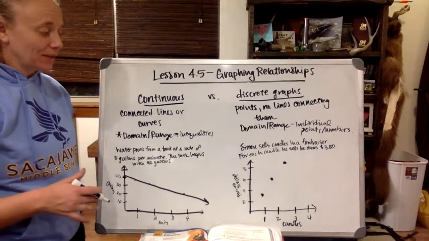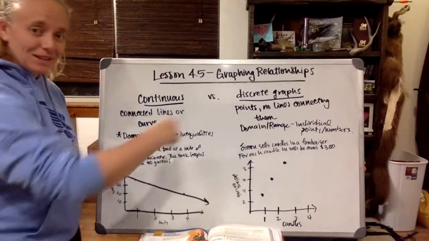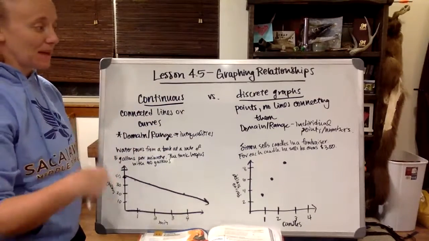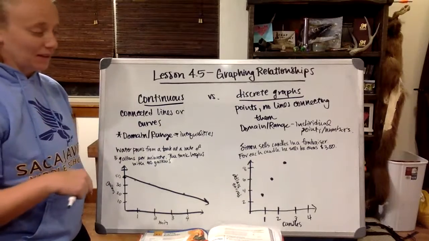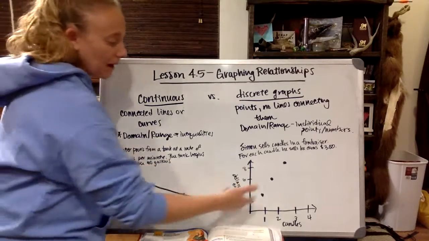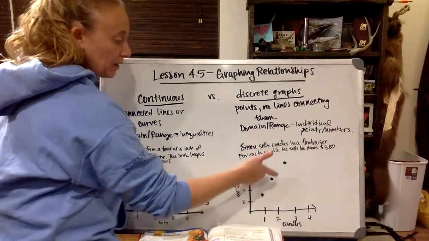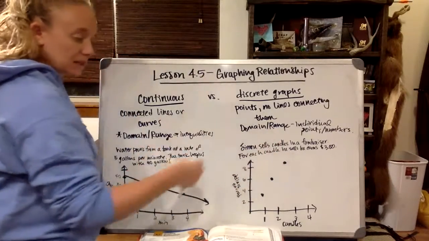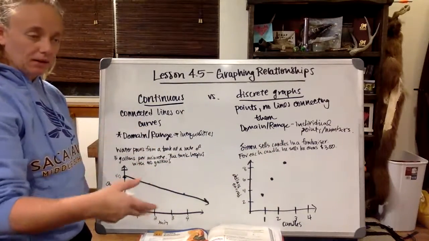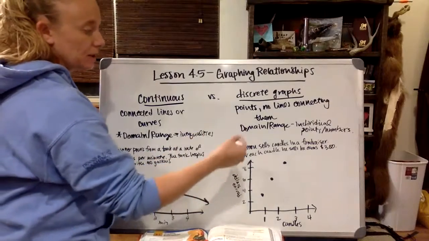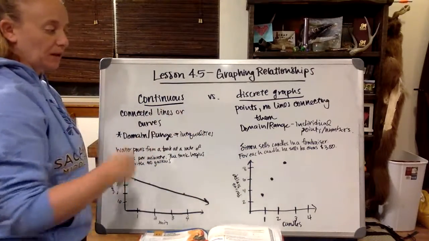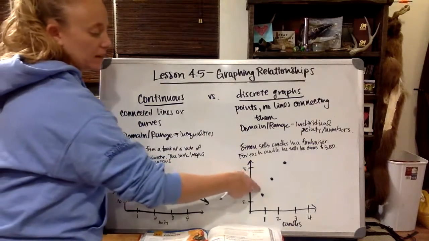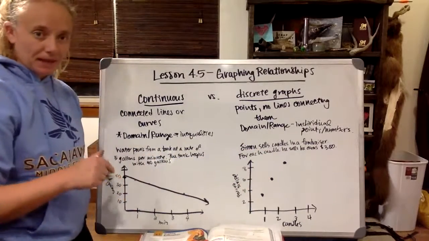It's not a continuous situation. He's not going to be making pennies for parts of a candle that he's selling. So because he sells one candle and two candles and three candles, discrete values of candles, he makes a discrete amount of money, or specific amounts of money. And so therefore it is just points plotted.